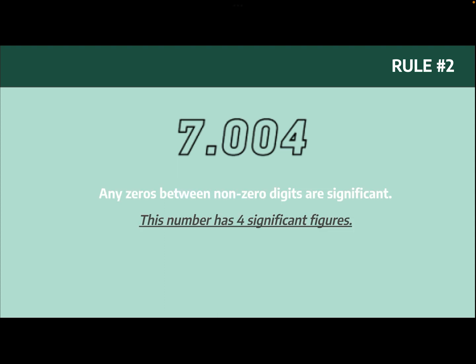Zeros are where it really comes into play when we talk about significant figures, because sometimes zeros are placeholders. But anytime I have zeros between non-zero digits, those zeros are automatically significant. They're kind of a placeholder, but they're also within the number itself, so I know they're actually significant. In this case, this number has 4 significant digits.